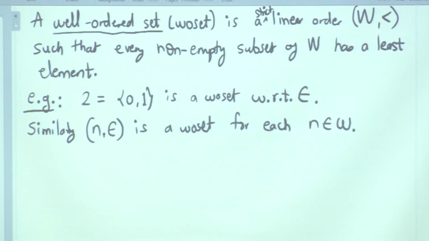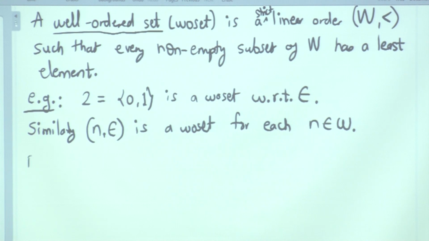Every natural number is a well-ordered set. If I give you 0 up to 100 and then a non-empty subset, can you choose the least one? Yes? So therefore this is true.